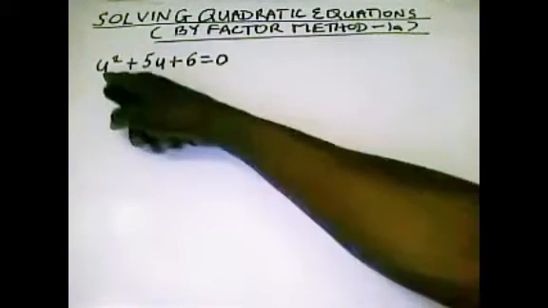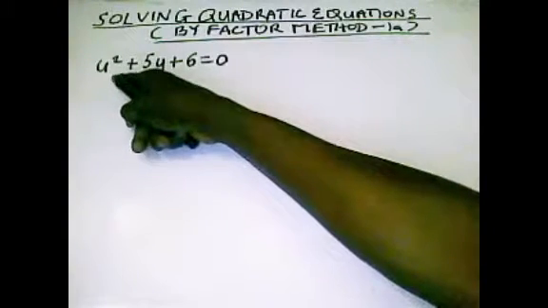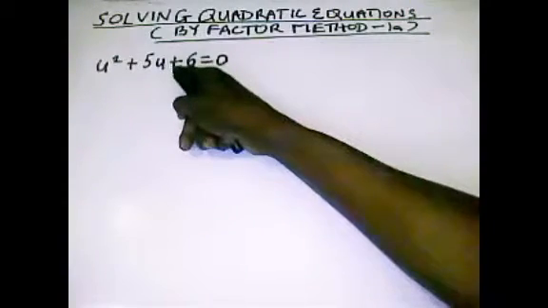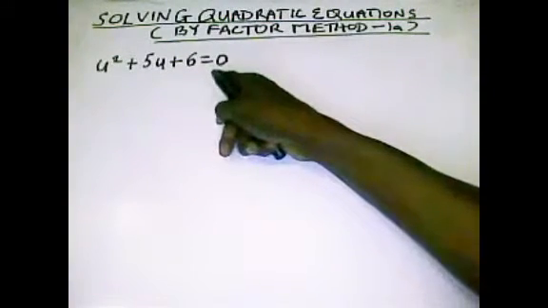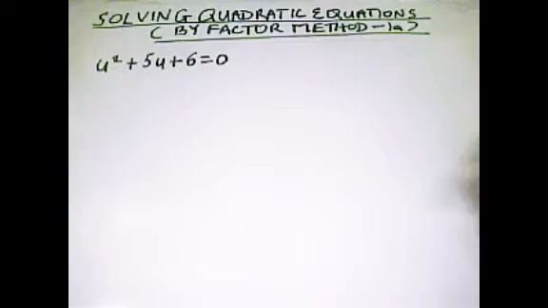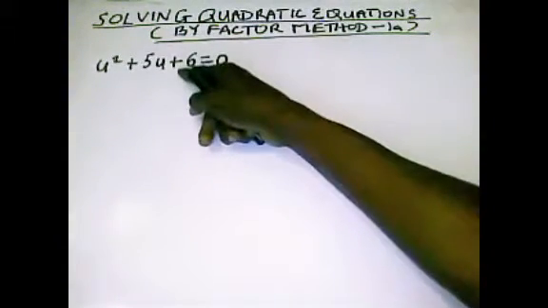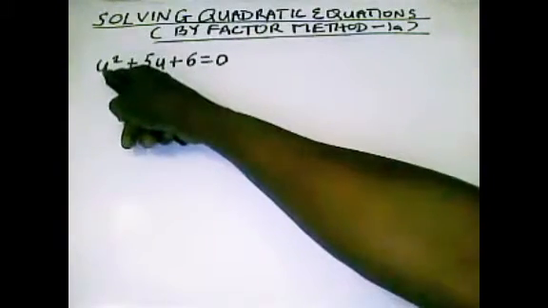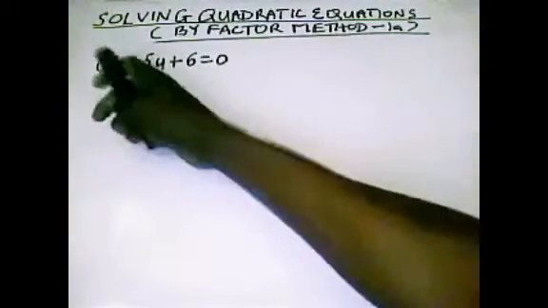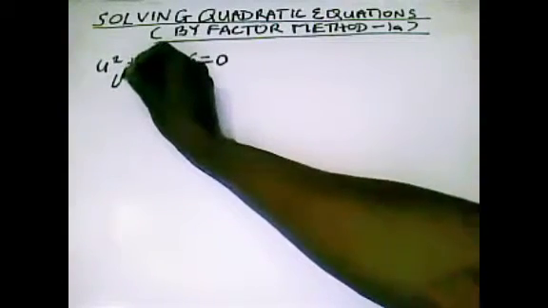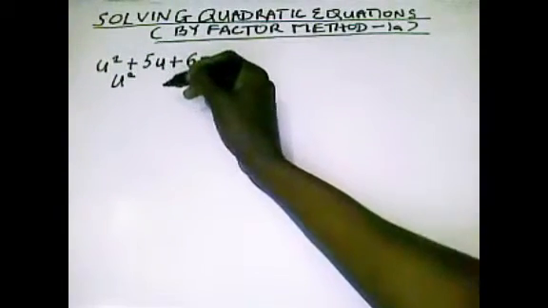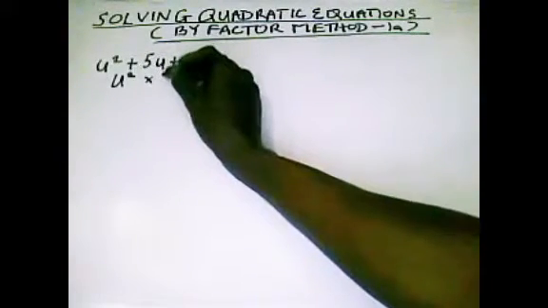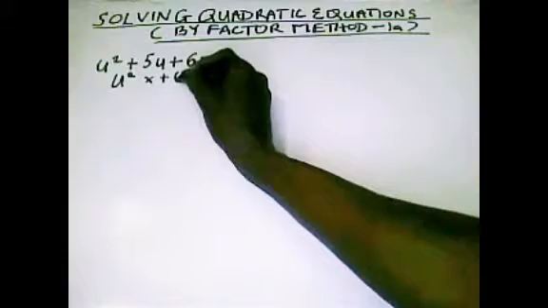Now we can see on the board we have u squared plus 5u plus 6 equals 0. In using the factor method to solve this equation, the very first thing we have to do is to take the first term, which is u squared, and multiply it by the last term, which is plus 6.